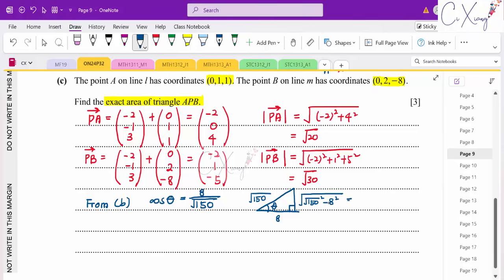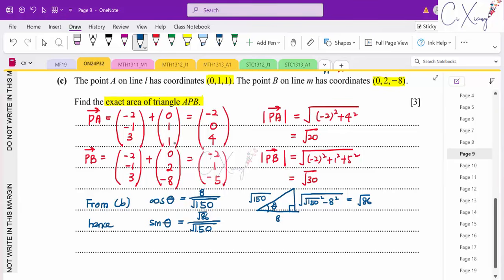From here, by right, you should have square root 86. Then with this triangle, you should know the value for sine theta. So sine theta is equal to square root 86 over square root 150. It is opposite over hypotenuse, right? So this is what we have.